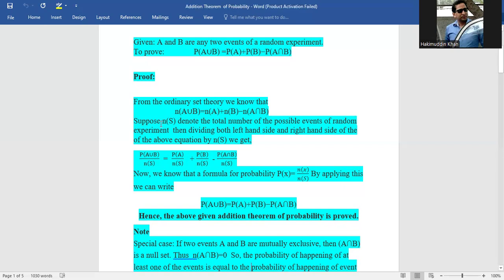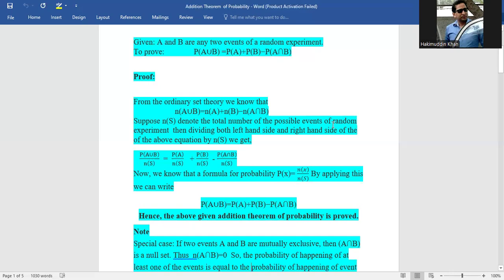Suppose N of S, which means the number of elements in the sample space, denotes the total number of possible outcomes of the random experiment.